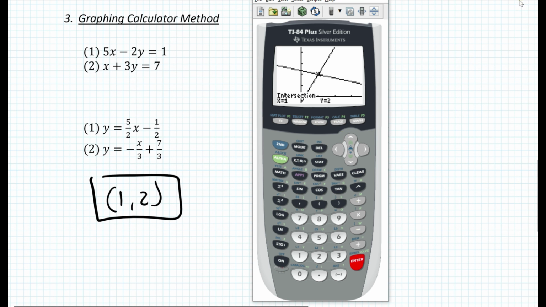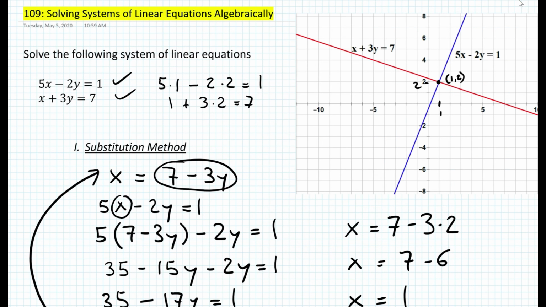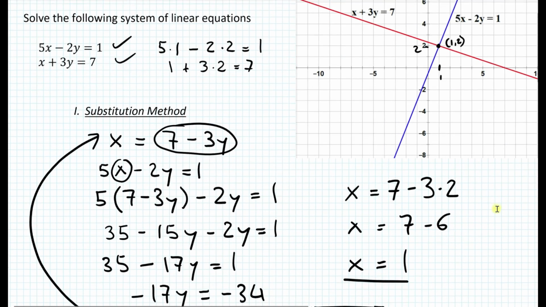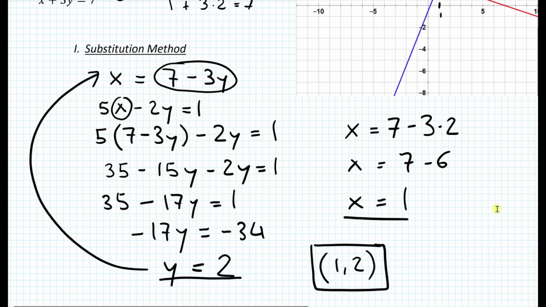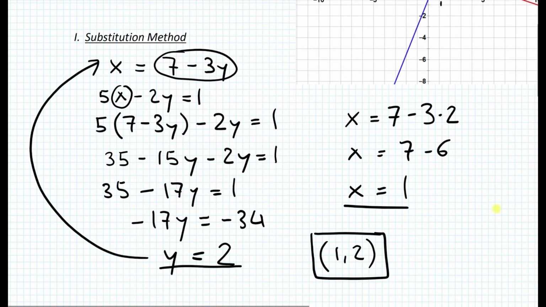Okay, so in today's lesson, again, we learned 3 methods of solving systems of equations algebraically. Let's go over it again really quick. So first we learned how to solve a system of equations by the substitution method. Remember that you want to isolate one of the variables in one of the equations and substitute it into the other equation.